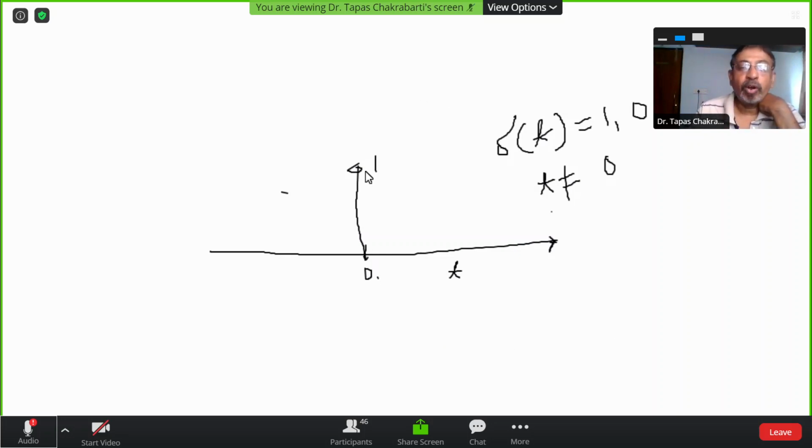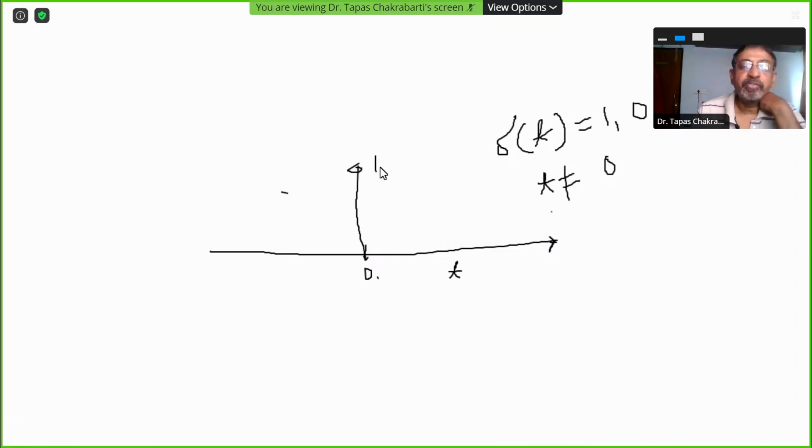While this impulse value is 1, at that time t should obviously be equal to 0. If the value of t is not equal to 0, you will not get any impulse function. Suppose this is 1, 2, 3.